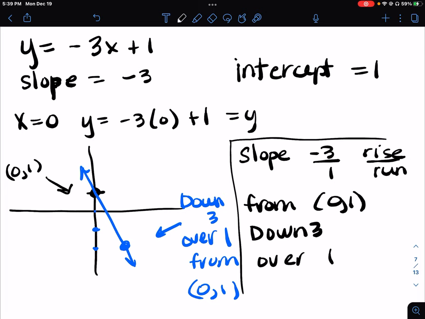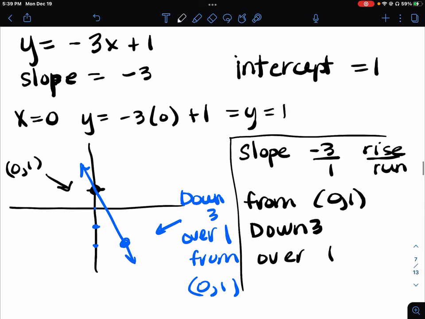Okay, what about y equals minus 3x plus 1? The slope is negative 3, the intercept is 1. The intercept means if you put in x equals 0, that's what you get. Negative 3 times 0 is 0, plus 1 is 1. Okay, that tells us that y equals 1. Okay, that tells us that the point is 0, 1, which means over 0 up 1.